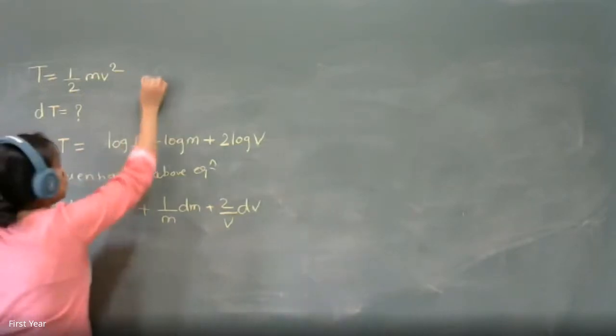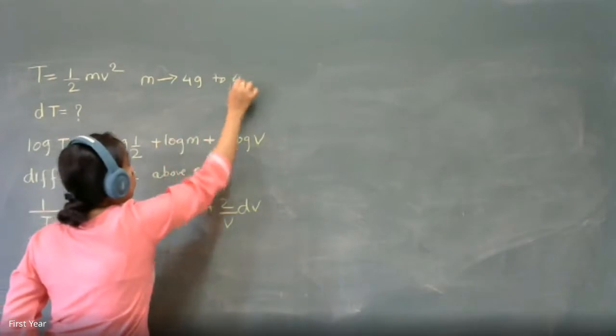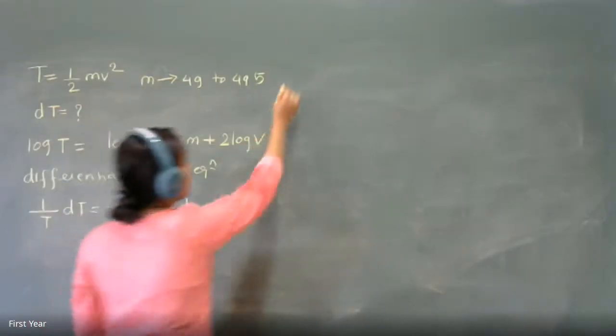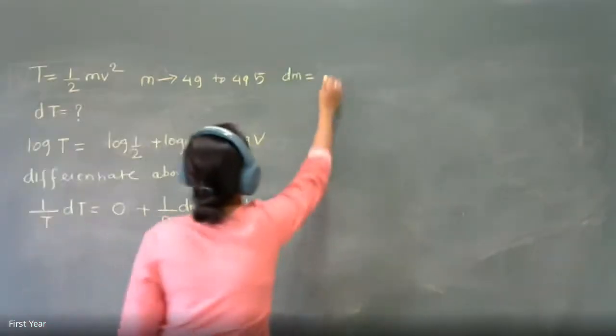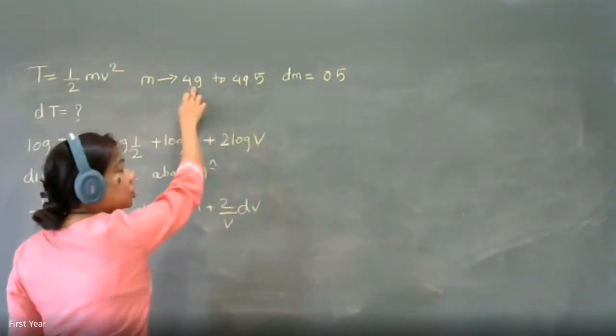Now mass is changing from 49 to 49.5. So what is the change in mass? dm is 0.5, so it is increasing. Change is the final value minus the initial value.